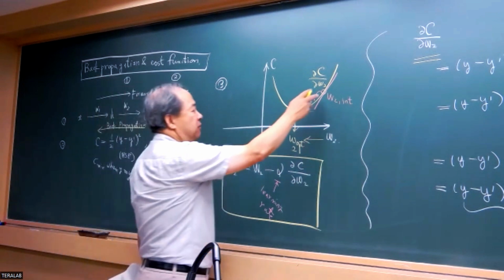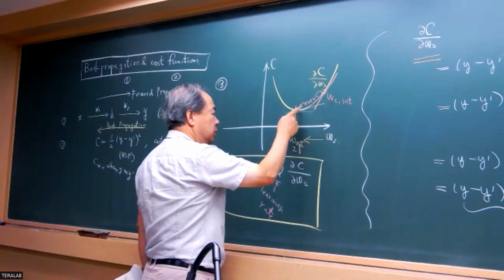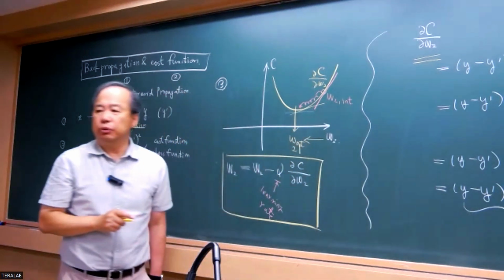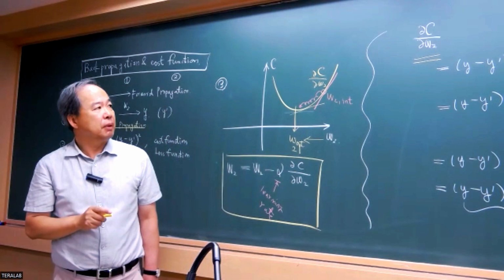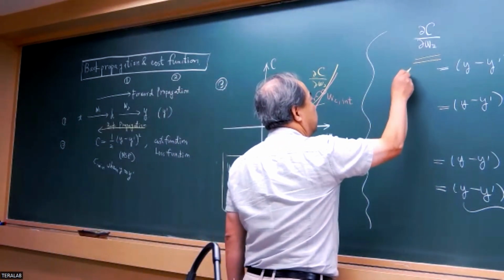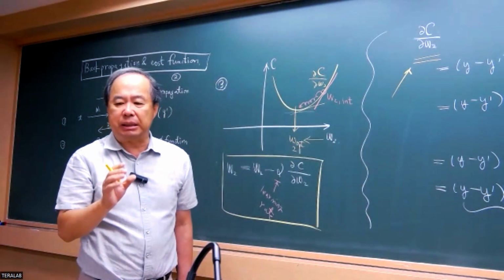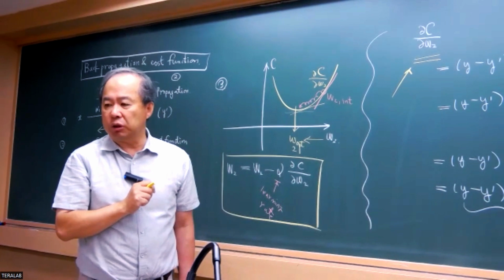If the slope is very small, we have to gradually approach the W2 optimal. So it is necessary to derive an equation to express the slope of this cost function.